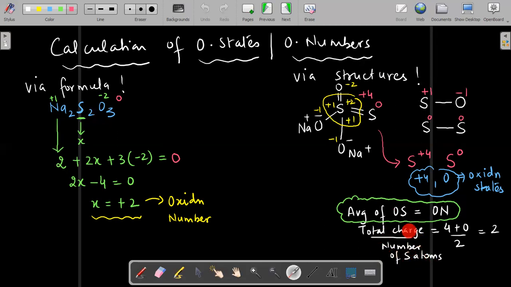Total charge here is what? 4 and 0, that is 4. Number of sulfur atoms in the molecule is 2. So 4 by 2 करोगे, you get 2, which you have calculated here. So it is not a very different thing. I'll put it in a nutshell, जो आप x करके ऐसे मैथमेटिकली सॉल्व करते हो, that is the oxidation number.